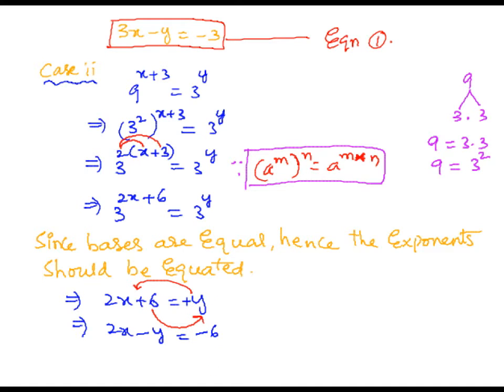So let us write this as 2x minus y equals minus 6 is our second equation. So this is our equation number 2. From 1 and 2 we have to solve these two equations for the values of x and y.